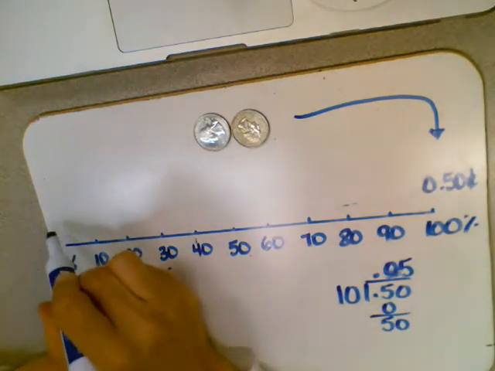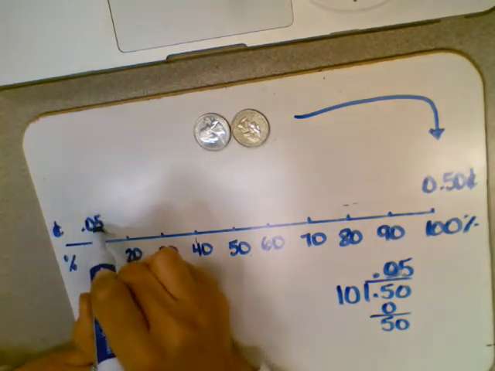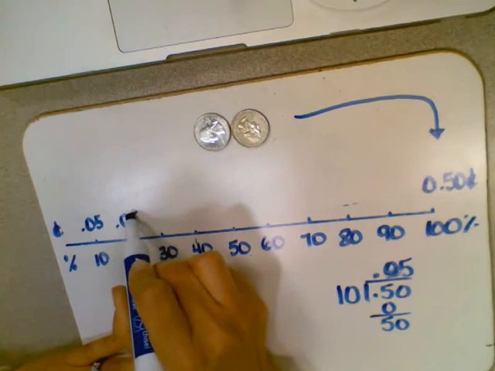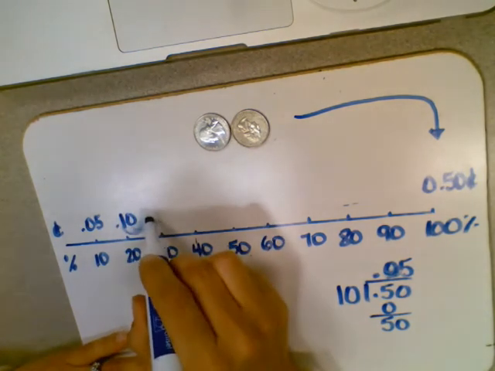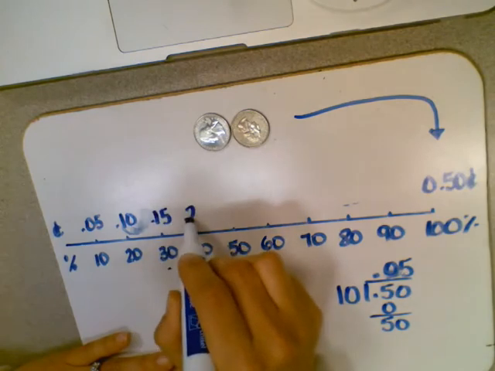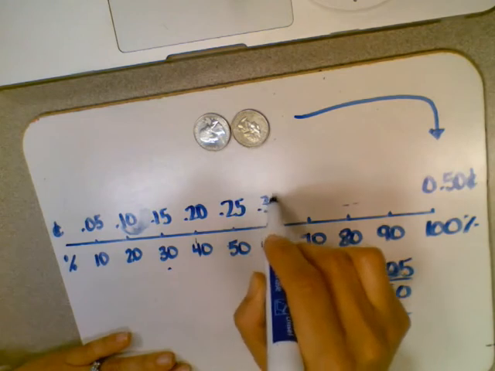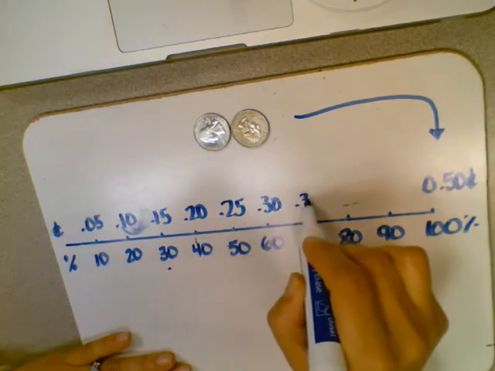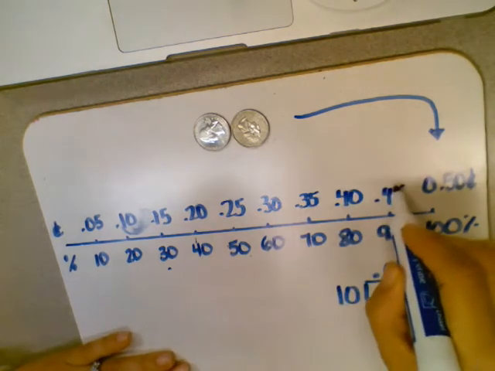So we write our cent here, and we notice that each of these little tick marks is worth 5 cents. Here I go, messing up again, sorry. 5 cents, 10 cents, 15 cents, 20 cents, 25 cents, 30 cents, 35 cents, 40 cents, and 45 cents.